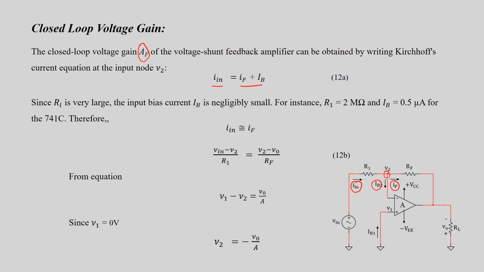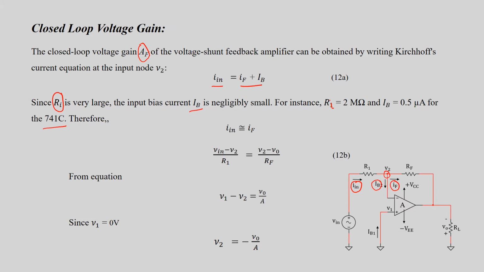We also know that the input resistance of this op-amp Ri is very large or infinite in case of an ideal op-amp. So the input bias current IB is negligibly small. For a typical 741C, Ri is 2 mega ohm and Ib is 0.5 microampere.